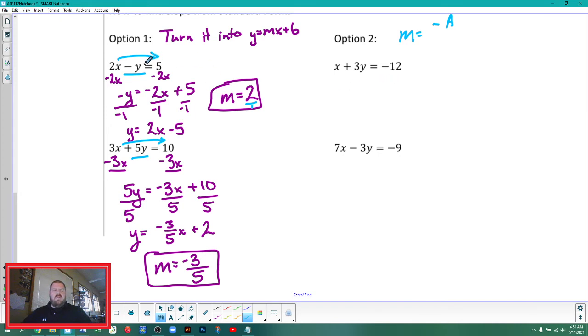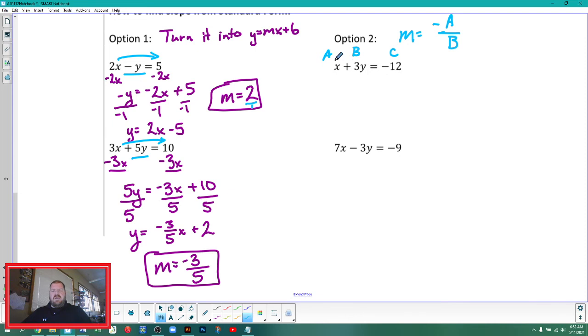And then it's always divided by the number that's multiplied by y, which we call capital B. Okay. Now this takes memorization, but this is as hard as you have to work to find the slope using this method. You have to remember that it goes ax plus by equals c.